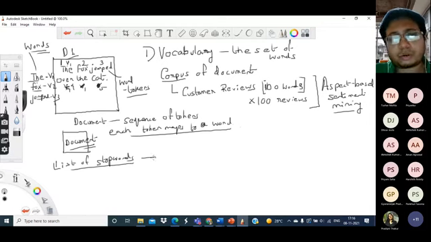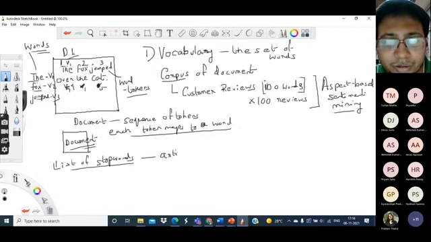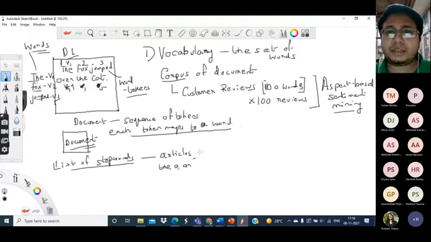Okay, so what are the common stop words? Every language has its own set of stop words. If you consider English, some of the stop words can be articles. What are articles? Articles means things like the, an, etc. Similarly, maybe pronouns. What are pronouns?